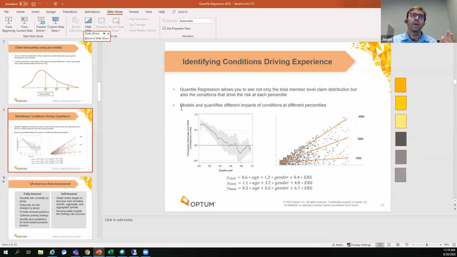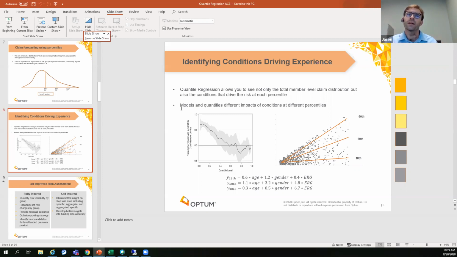But you can also look based on conditions to try to understand what conditions are actually driving the risk of your groups and at which parts of the distribution. So in the most likely scenario, which are the conditions that are driving your risk? In the tail risk, which are the conditions that are driving your risk?